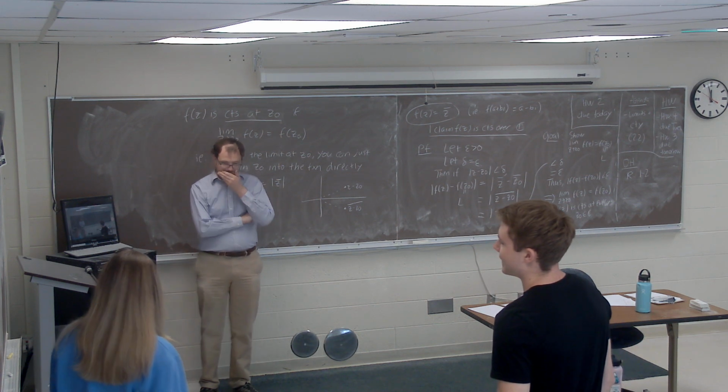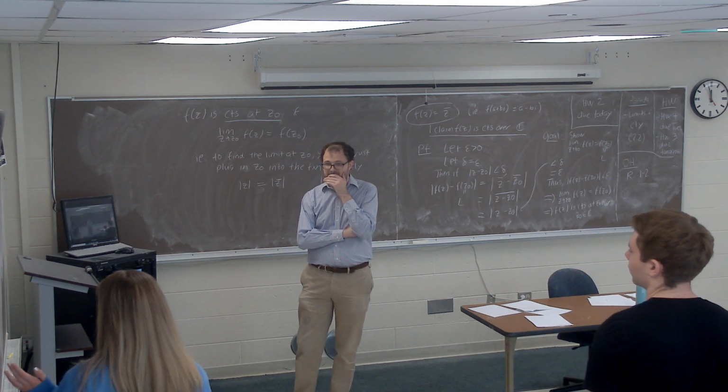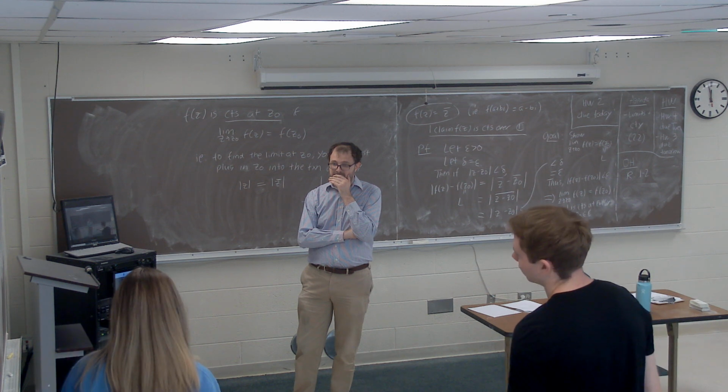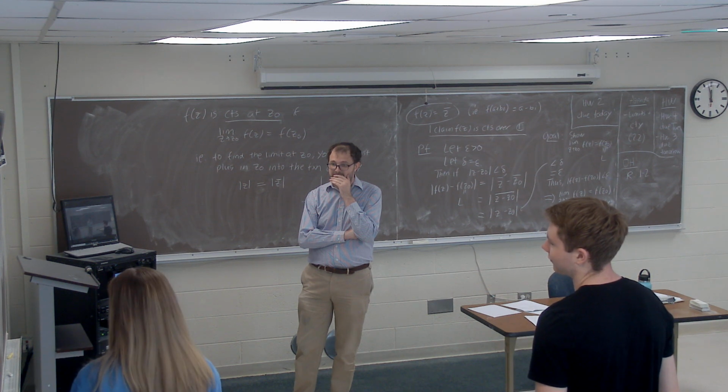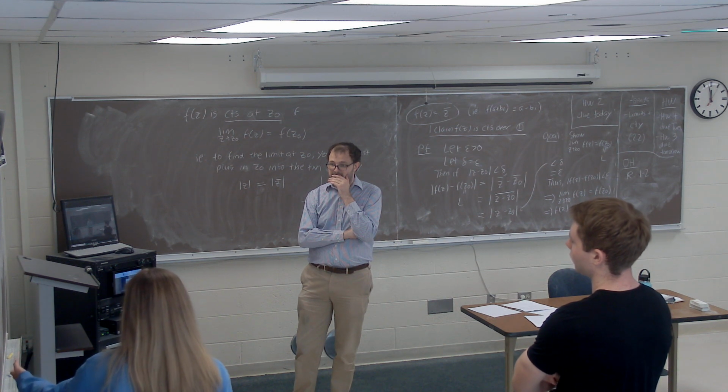So in the proof: let epsilon be greater than 0, let big N equal the ceiling of 1 over epsilon, and then just repeat the algebra that we did here.